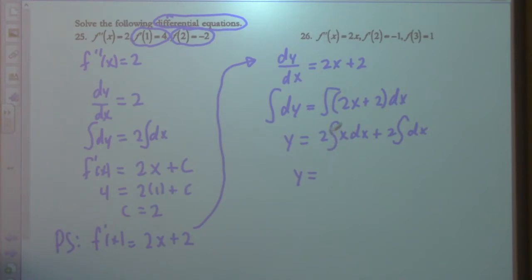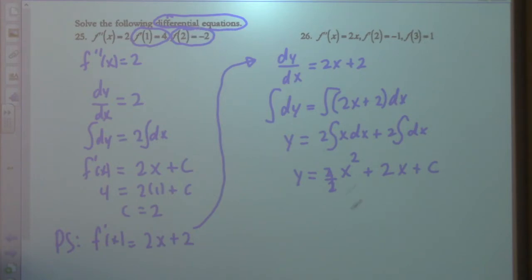Does everybody see that? Yeah, so it's just x squared. I'll just go ahead and write all the steps and make sure everybody understands. So you have x squared, but you divide by 2, so that's going to cancel that out, right? And then plus 2x plus c.